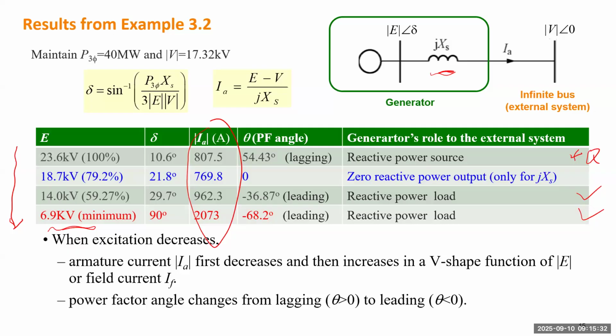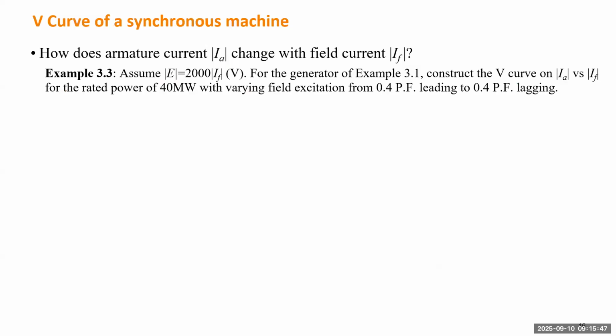So there could be a relationship for how the armature current changes versus the field current. This is called the V-shape function, the V curve. There's an example in the textbook, 3.3.